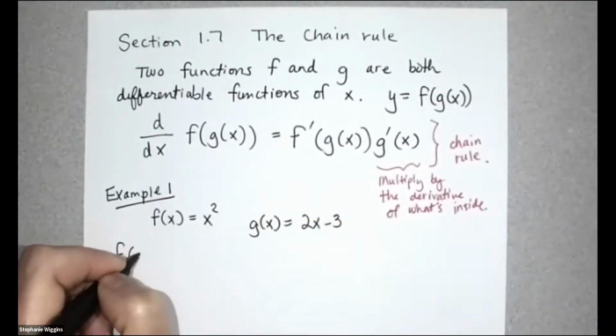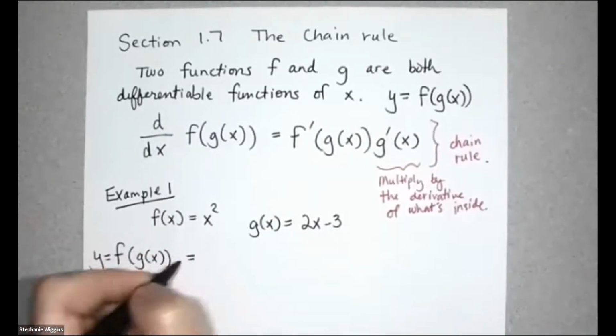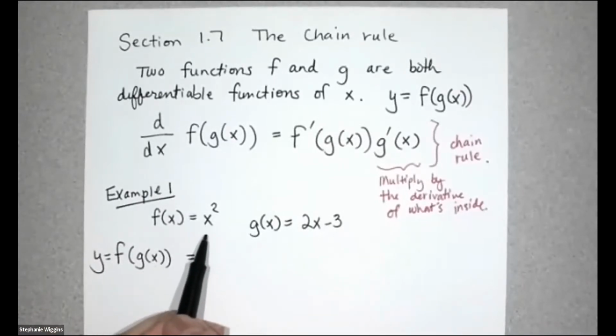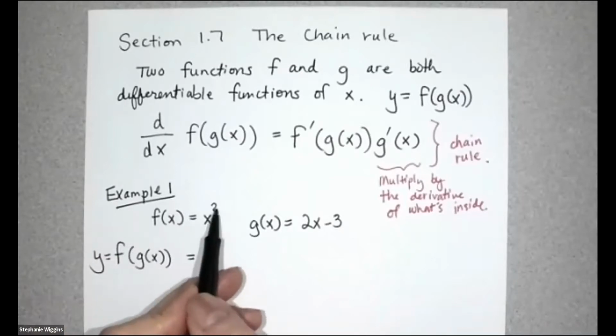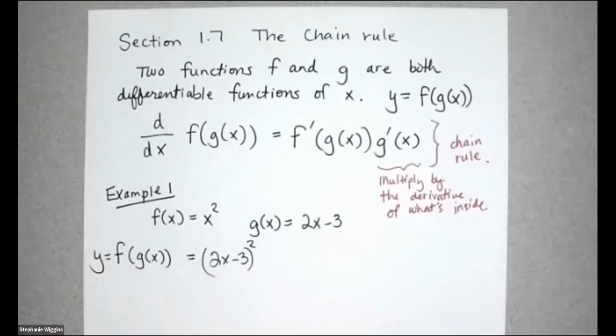Then f of g of x, the composition function, we'll call that y, that is 2x minus 3 put inside f of x. So in other words, instead of x squared, we're going to have (2x minus 3) squared. Okay? That's our composition function. And to take the derivative of that, we are going to take our f function, evaluate it at g of x.